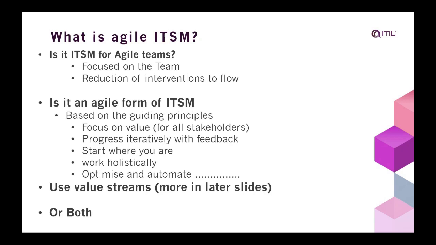It talks a lot about how you can prioritize work, how you can do workflow, things like Kanban boards. There are a lot of techniques, which, as I said at the beginning, we won't go into here now because we haven't got the time. But it's all about making things smooth, reducing interventions to flow, enabling things to be done quicker, efficiently, and with quality.